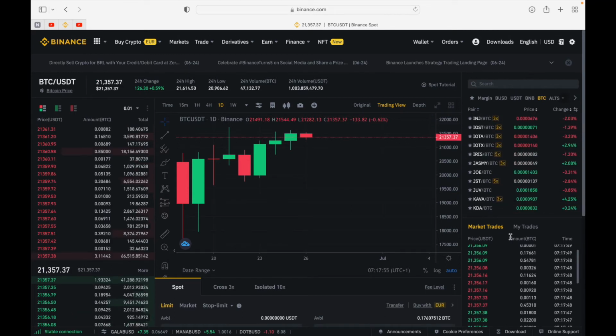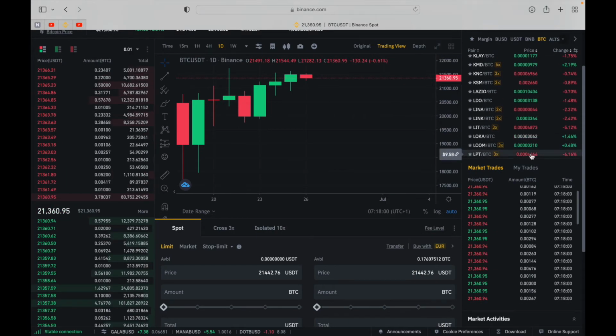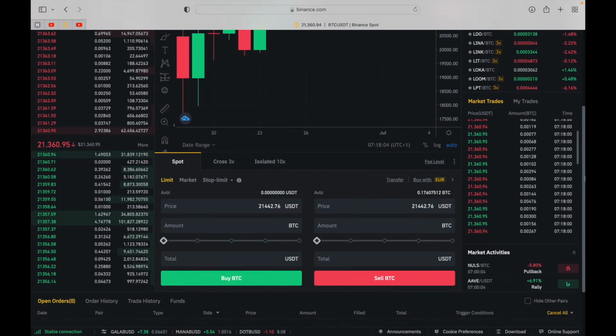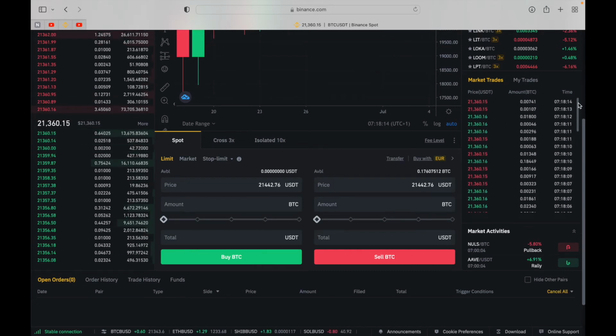Now I would go down generally and explain these other sections. Now, market trades. This is more like what we explained at the left hand side, but these are the transactions at the very time they are happening.